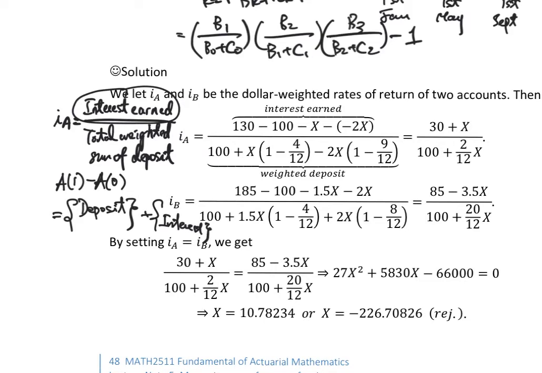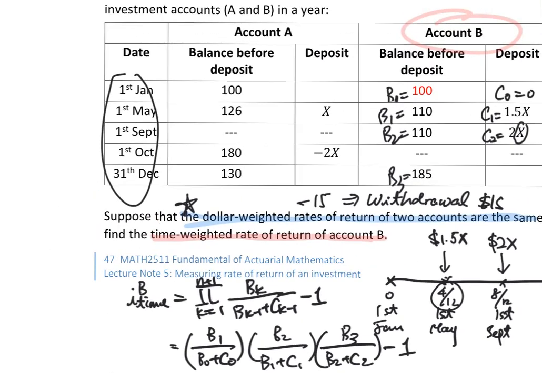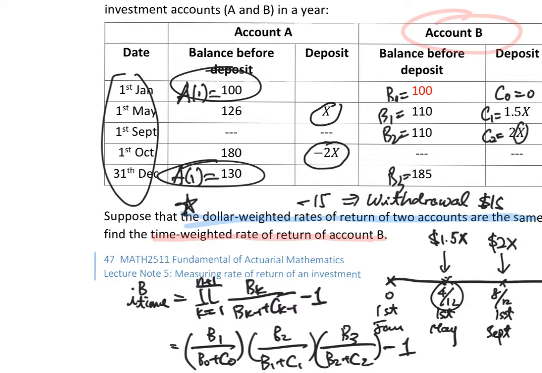Now for the account balance, we have the initial balance 100, and the account balance at the end is 130. So we just need these 2 numbers. For the deposits, you have one deposit s, another one is minus 2s, which is your withdrawal, right?